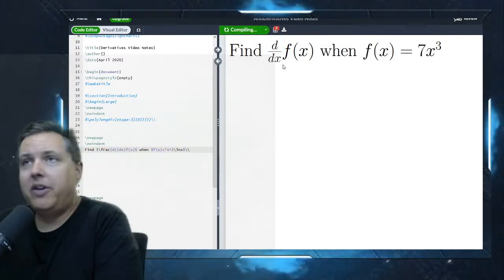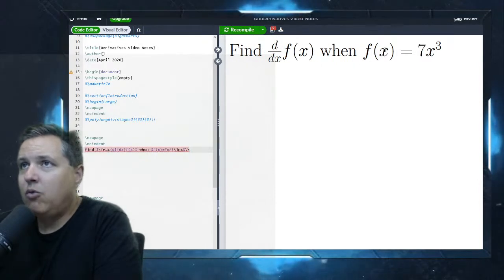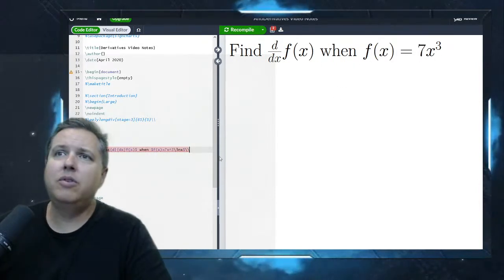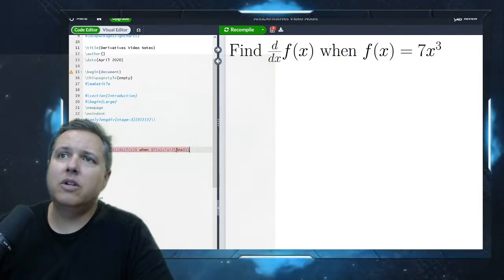So we want to find the derivative of the function f of x when f of x is equal to 7x cubed. Oh, what's wrong here?